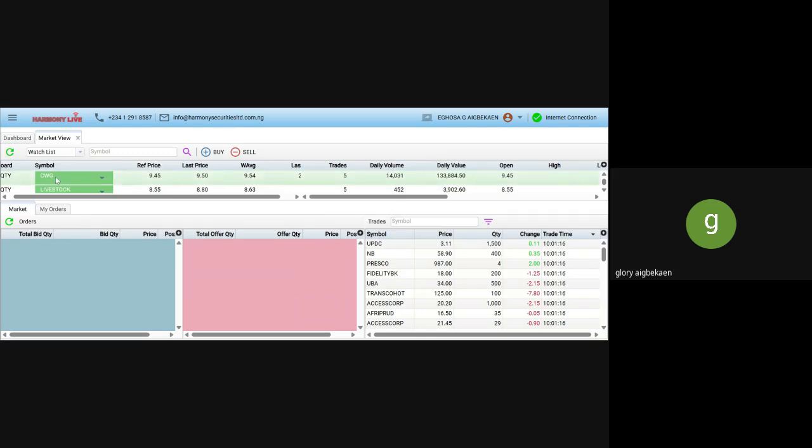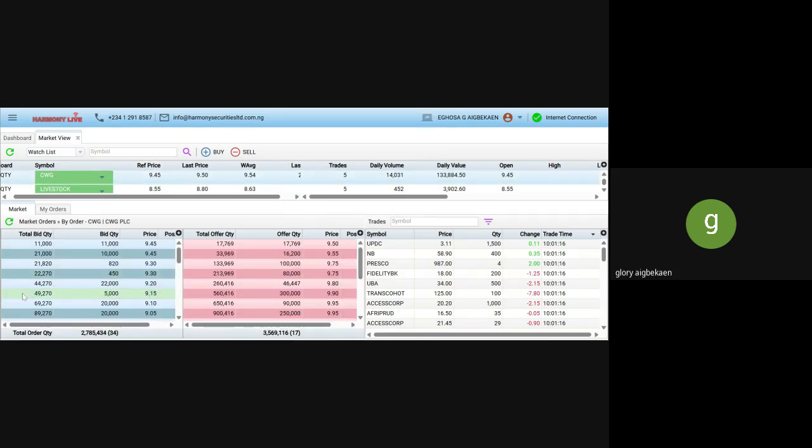If I double click on CWG, I'll see the bid table. The bid is 2.7 million this morning, 34 persons want to buy, and the offer is 3.5 million, 17 people want to sell. That's what the table is showing this morning.